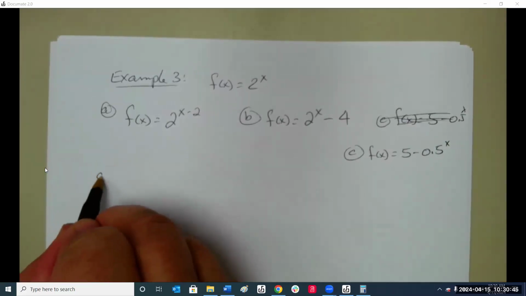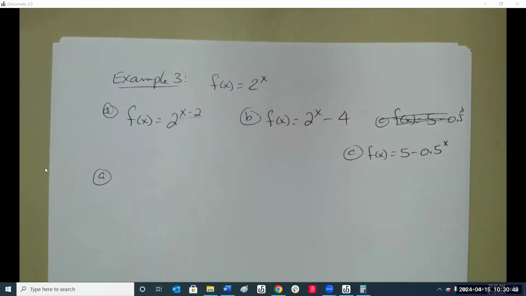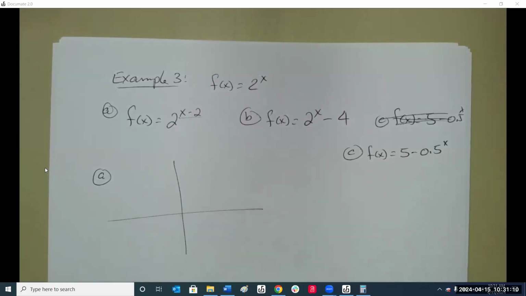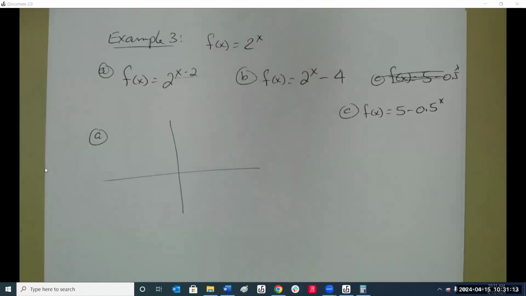So let's look at A. What's this graph going to look like? Remember, think back to chapter 2 when we did transformations. Is it horizontal?